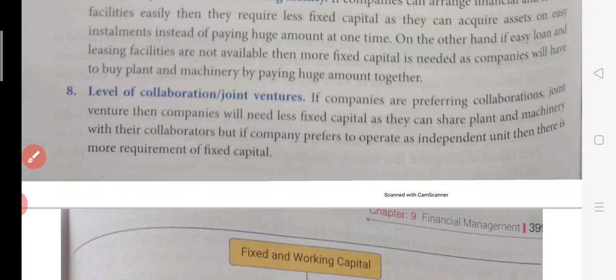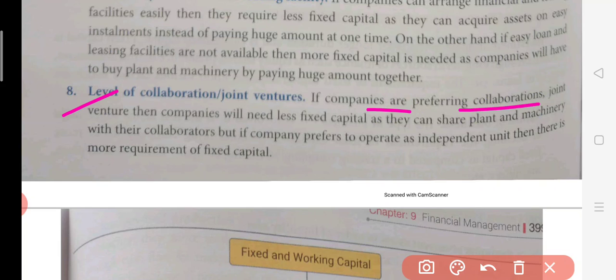Now, level of collaboration or joint venture. When two companies join hands together to do a certain business, it is called collaboration. If companies prefer collaboration or joint venture, then the company will need less fixed capital. So if in a case study it comes that two companies are joining hands, then both the companies' capital will be added together because they are going to do business together.